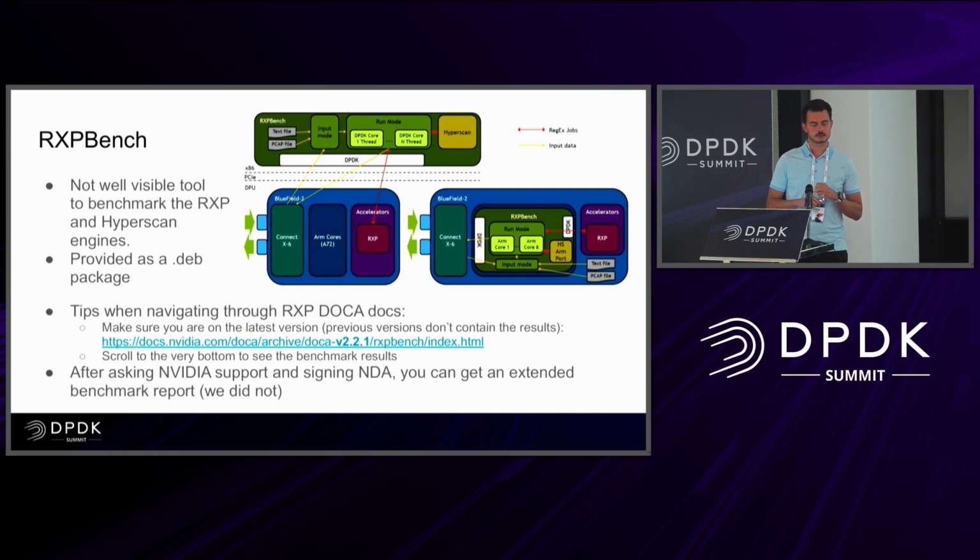You can get the extended benchmark of the regex engine from NVIDIA, but you need to ask and sign an NDA, which we didn't want to do because we wanted to also publish the results later on.